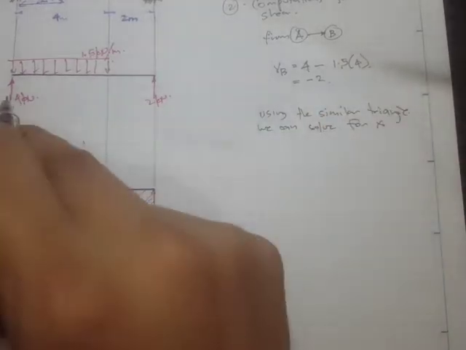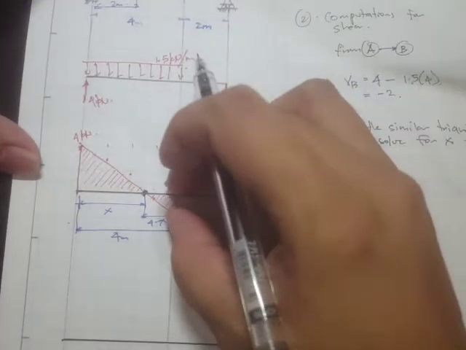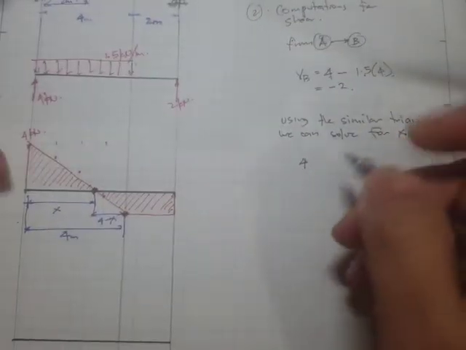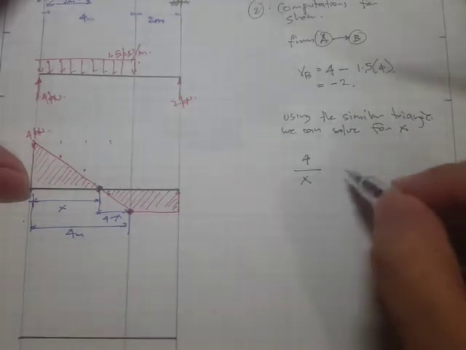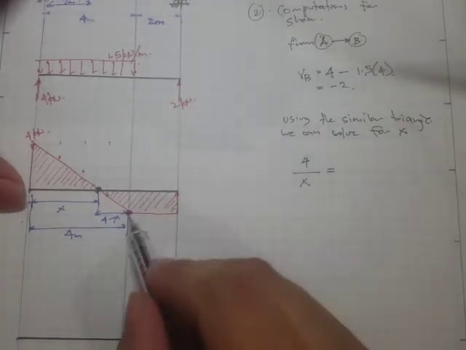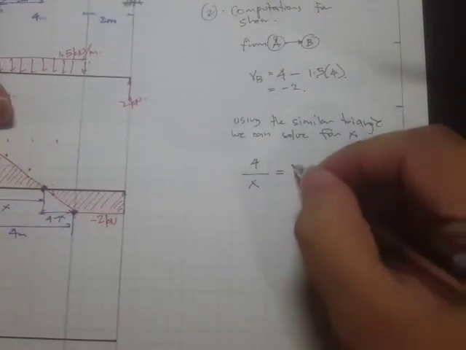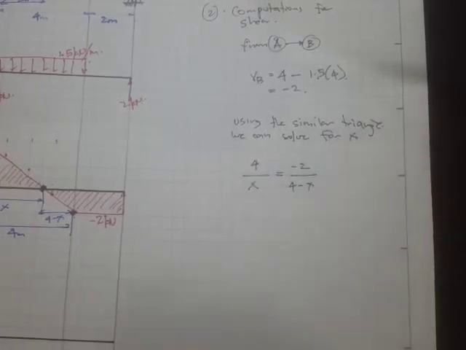That's just simply 4 divided by the distance, this is x, is equal to the value right here, this is -2, divided by 4 minus x.